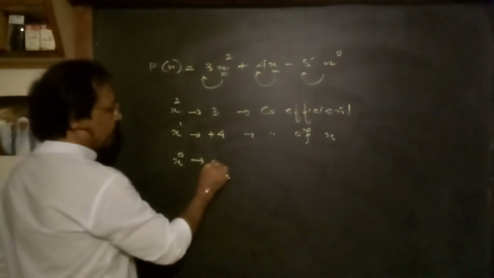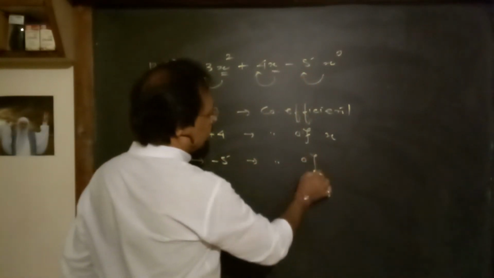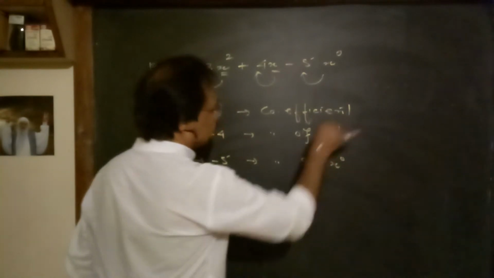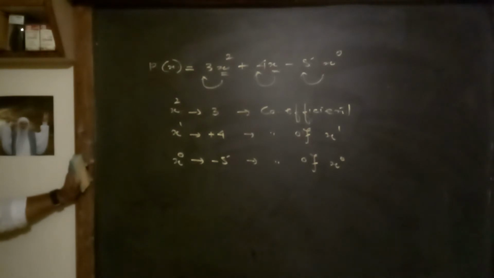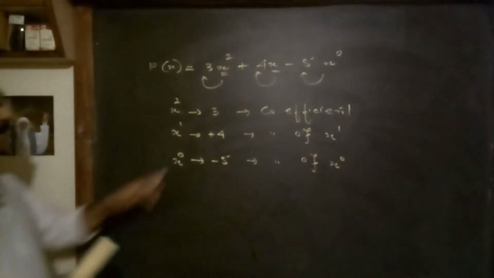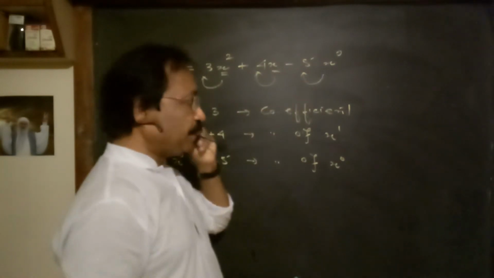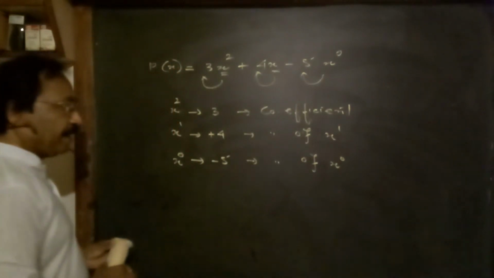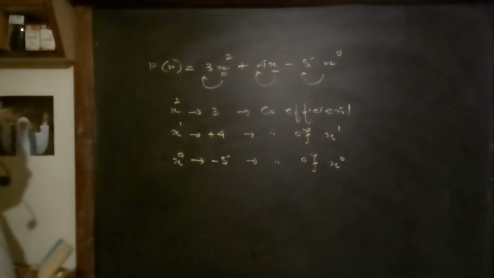It is minus 5. So this is called the coefficient of x to the power 0. So like this you can find out the coefficient of any term. What is the coefficient of x square? It is 3. Coefficient of x is plus 4 and coefficient of x raised to 0 is minus 5. So this also you know, how to find out the coefficient of given terms.